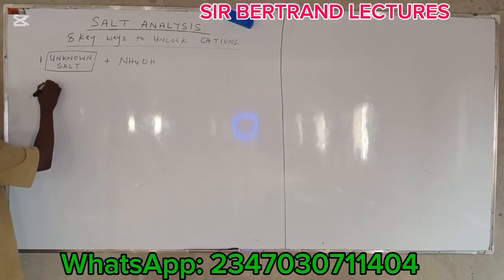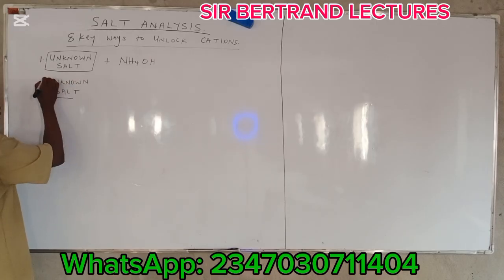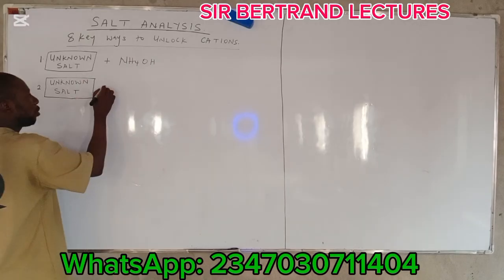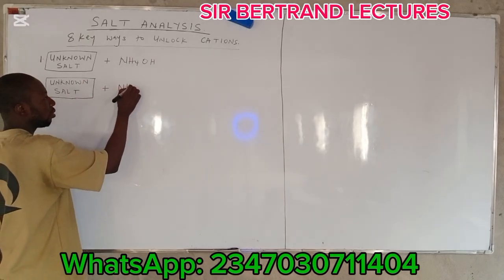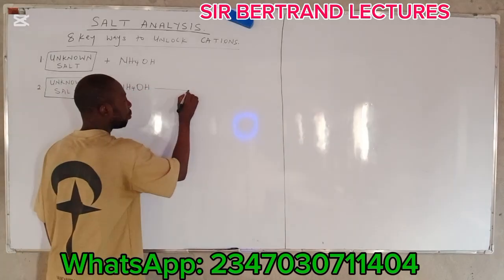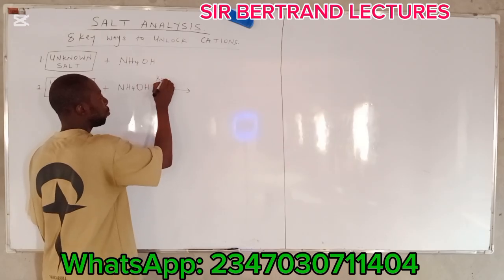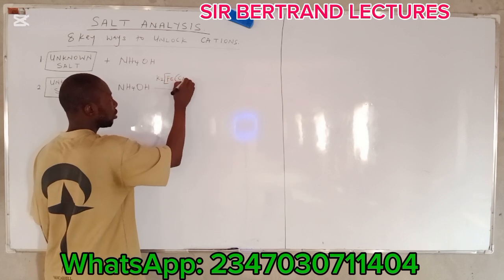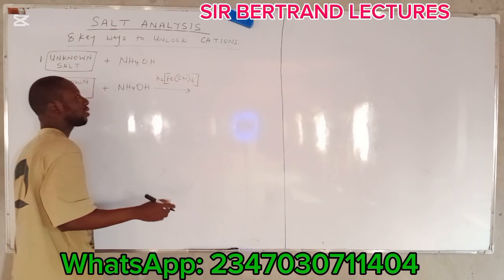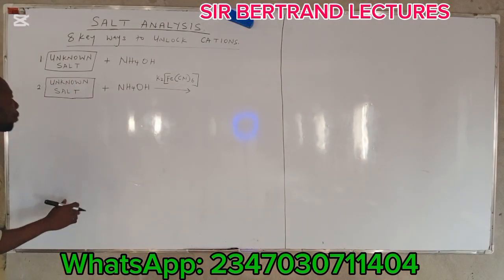The number 2, to an unknown salt sample, you add the same ammonium hydroxide. But here it is in the presence of potassium cyanide. All right? It's going to indicate the cations that are present.